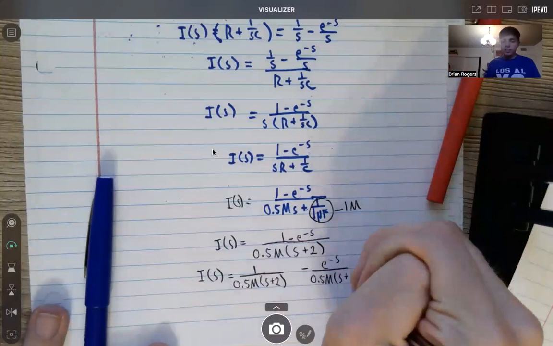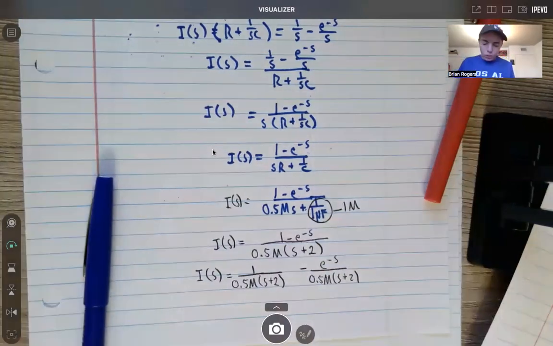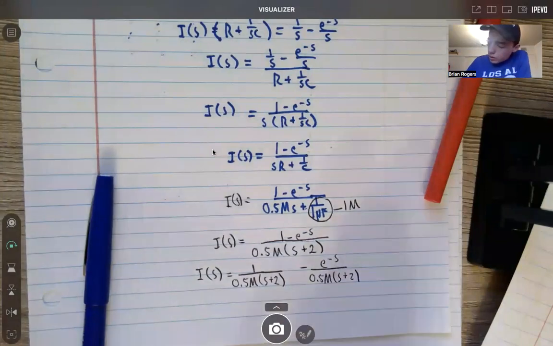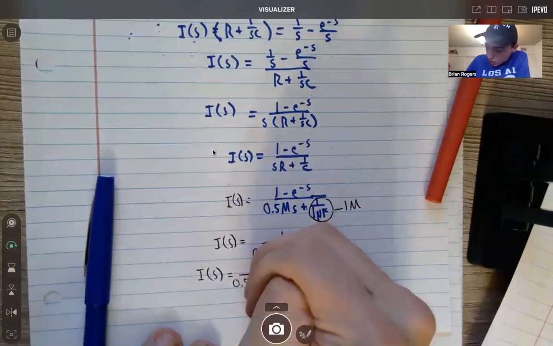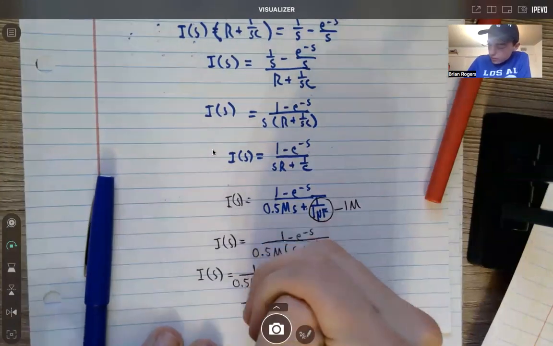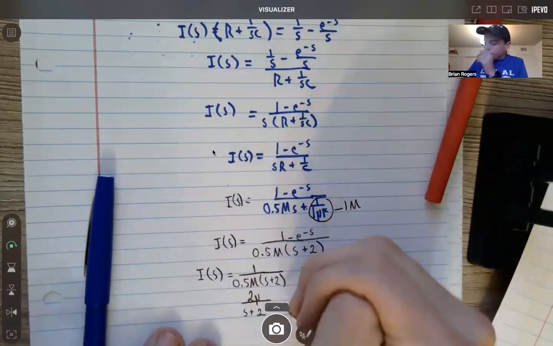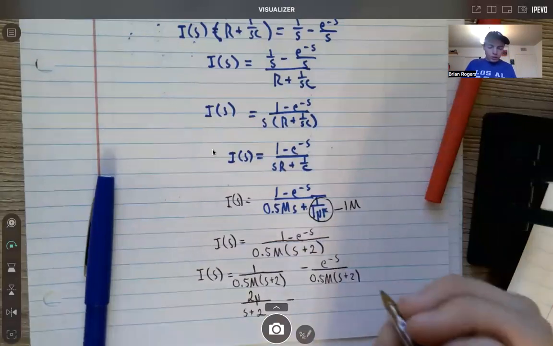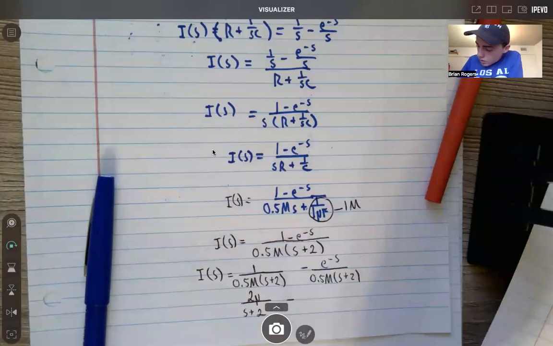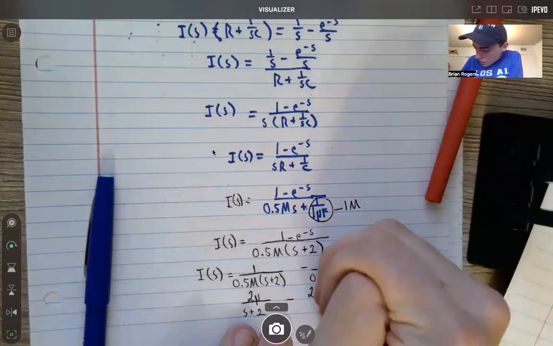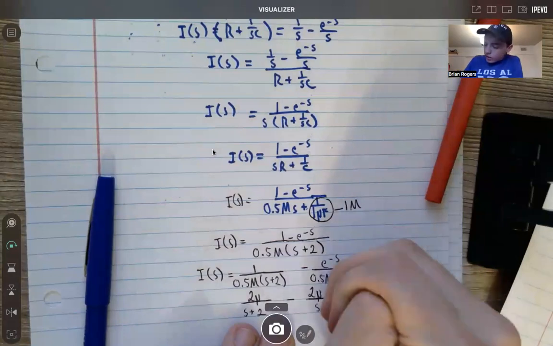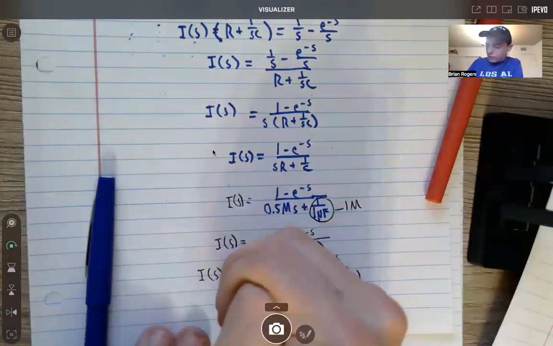Now we can do 1 divided by 0.5 mega ohms. You should get 2 micro all over s plus 2. And then here you would get 1 divided by 0.5 mega ohms, so that'd be 2 micro e to the negative s all over s plus 2. And so that's your I of s value here.